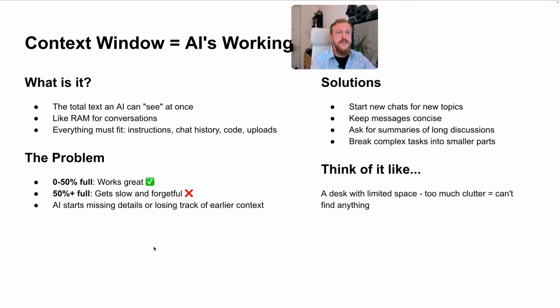So the context window is basically the RAM memory of the LLM. It's the total text the AI can see at once. And it must fit everything: instructions, files, all the previous communication as part of the current task, code, uploads, pictures you add to explain what's happening, everything.